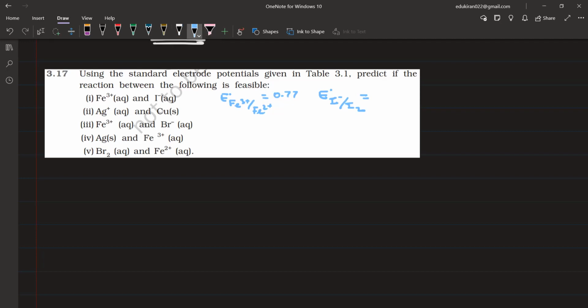And I minus to I2, this will be minus 0.54, correct? Yes or no?